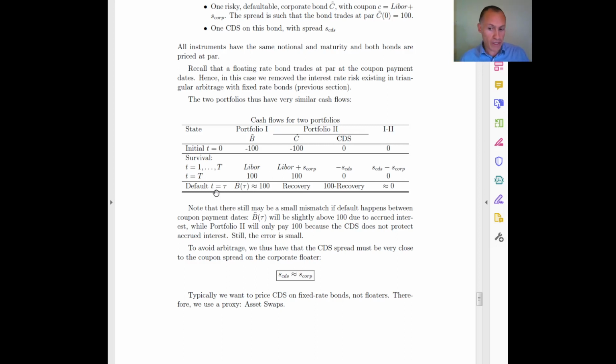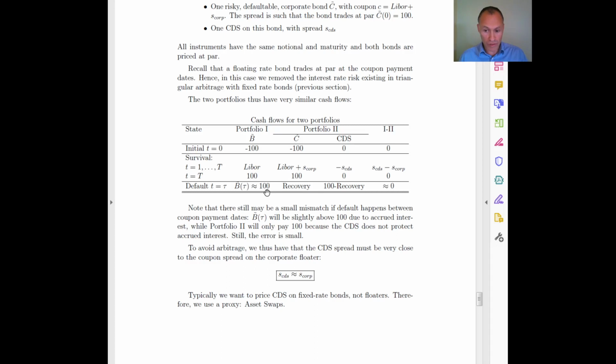Again, default may happen at any moment from now until the maturity, right? So the risk-free bond, again, is living on its own, does not depend on the corporate bond, so default here does not affect here, so it will have some price, okay? But the point now is that this price, since this is a floating rate bond, will be probably very close to 100%, right?